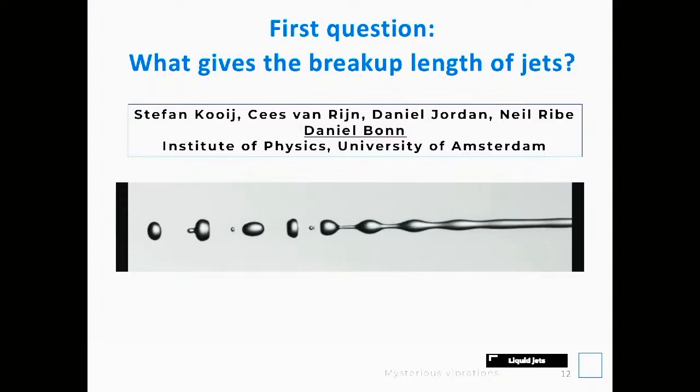Well, we all learned at Hydrodynamics 101 that there's the Rayleigh instability that does this, surface tension. And so there's an initial perturbation that grows exponentially until it reaches the size of the jet, and then by definition a drop is formed.